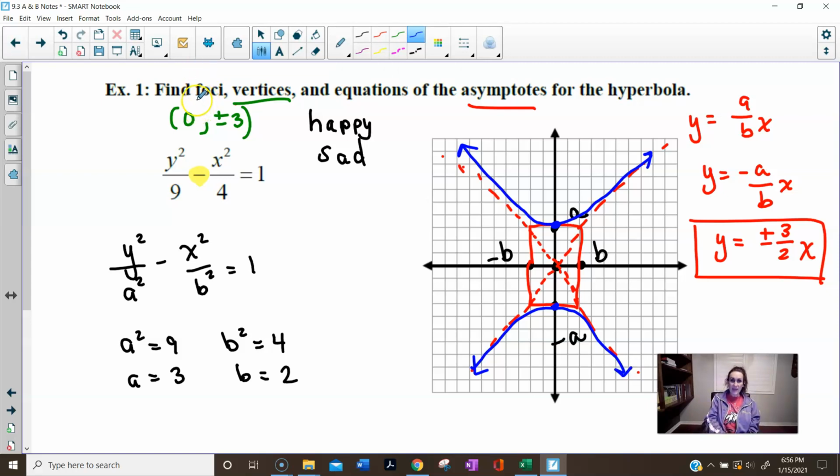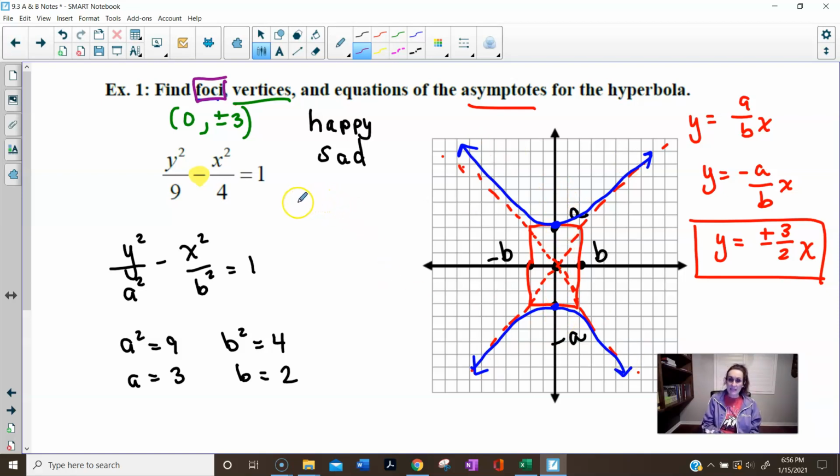Now, how do we find the foci? The foci, I'll put that in, let's do purple. So foci is going to be in purple. The foci should land inside, on the same transverse axis as the A's and the opposite of A's, but it should be inside the curves.